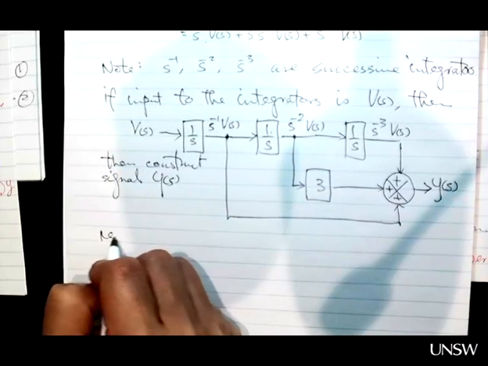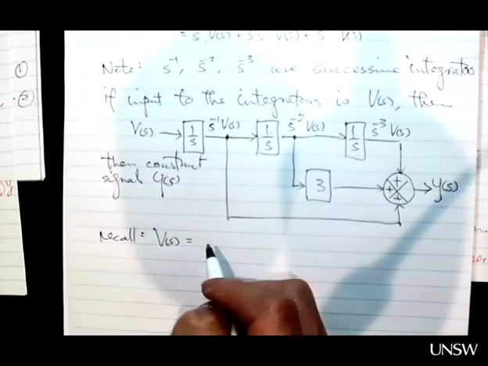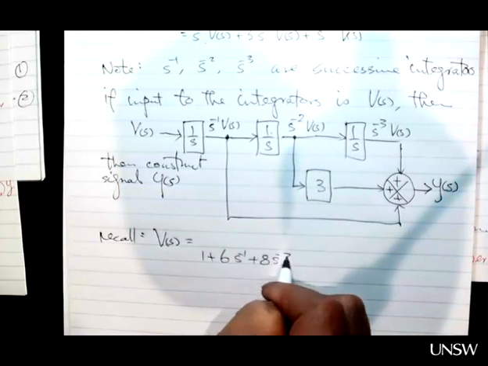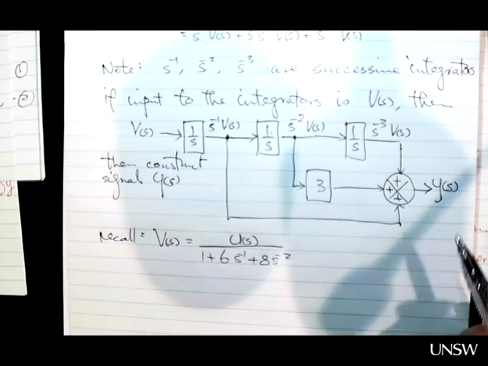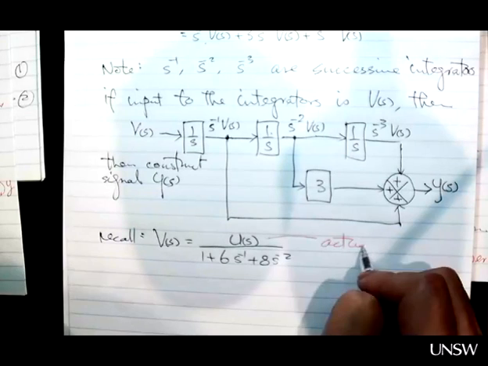Then we recall that V(s) equals U(s) divided by 1 + 6s^-1 + 8s^-2, where the U(s) is the actual input.